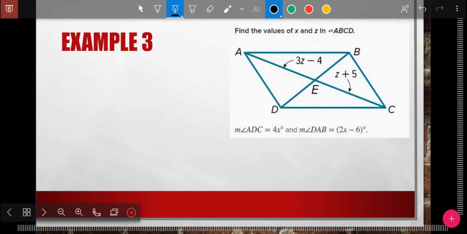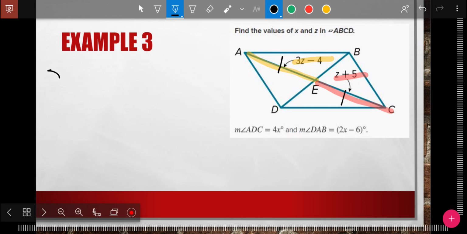Z. This part of Z, this thing right here, is for this part of a diagonal. We know diagonals do what? Diagonals bisect each other.